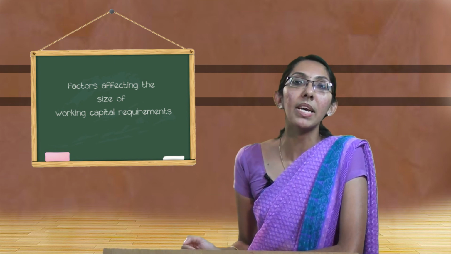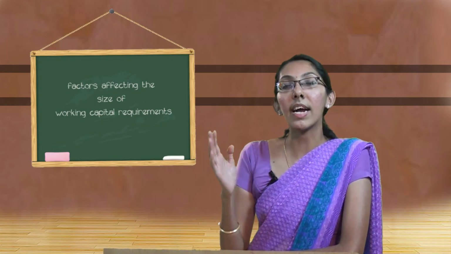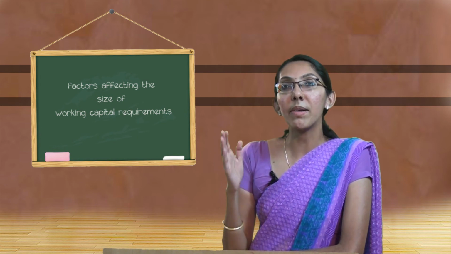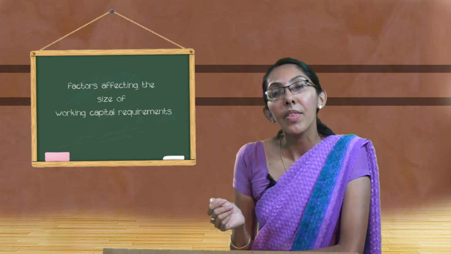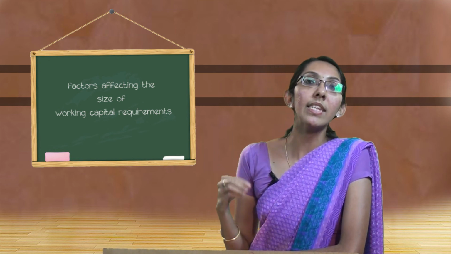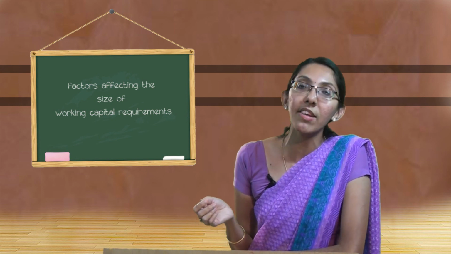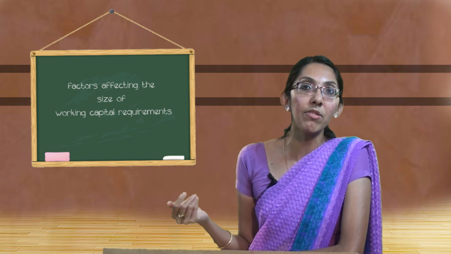The next factor to be considered is the dividend policy. The last factor here is the dividend policy. Dividend policy is regarding what kind of dividend policy the business follows, whether a liberal policy or a stringent policy. When it is a liberal policy, the profits earned by the business are distributed among the shareholders in the form of dividends. Hence, no profit is left for the business to continue their business.